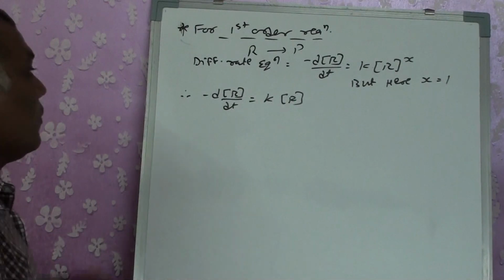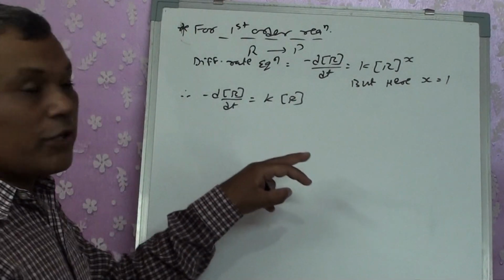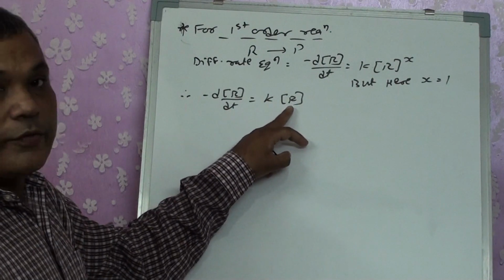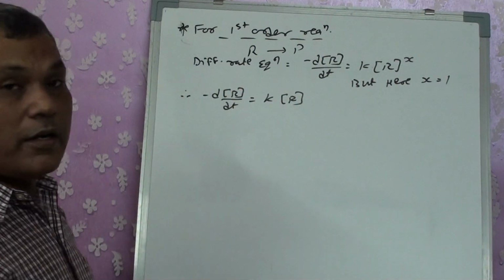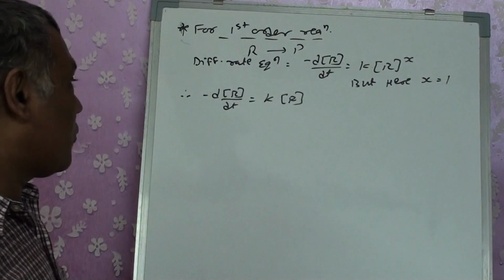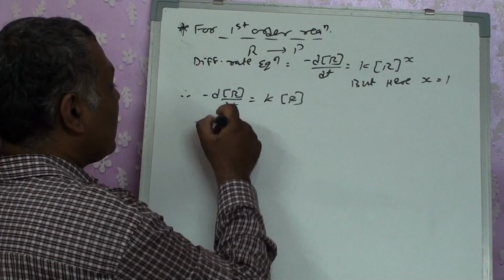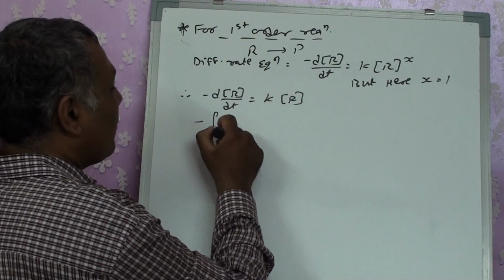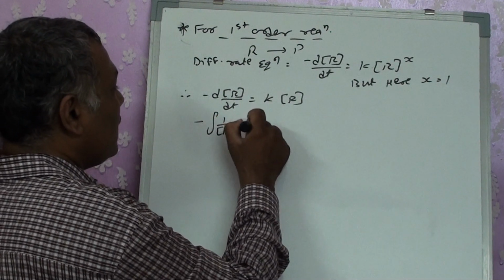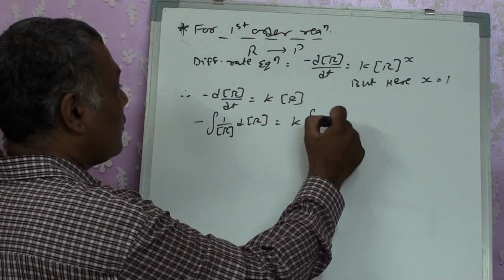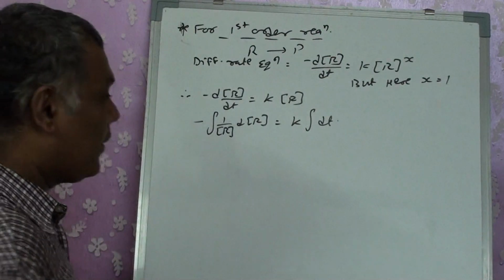Right? Now, in this case, if I want to go for the integration, here we have the concentration of the reactant, and we have a differential rate with respect to R also. So taking the terms on one side, we get minus integration of 1 upon R dR is equal to k integration of dt.